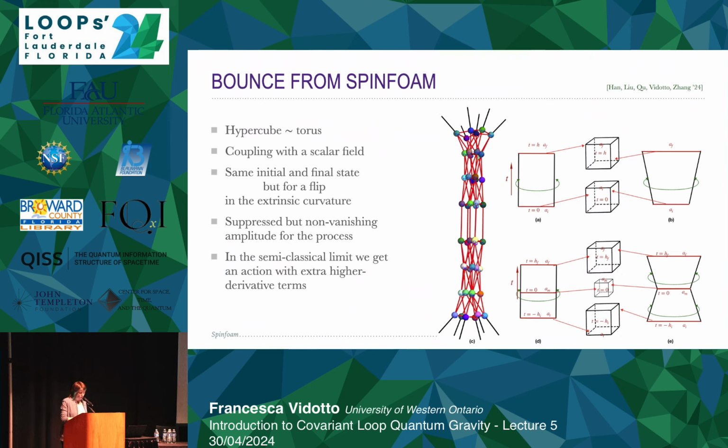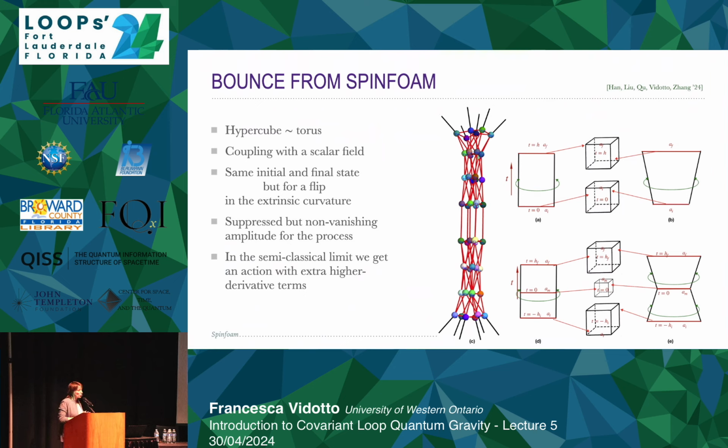You can use the spinform dynamics to compute the probability for going from one to the other, and you discover that the probability is not zero. That means that there is a bounce. Be careful here, because the two solutions are disconnected in the classical theory. In the classical theory, it's forbidden to go from one solution of the Einstein equation, the contraction, to the solution of the Einstein equation that corresponds to an expansion.